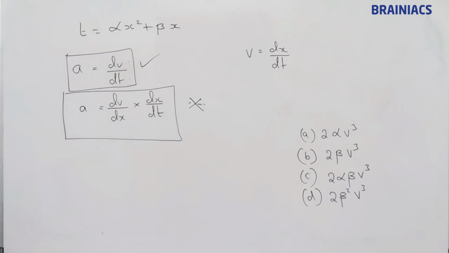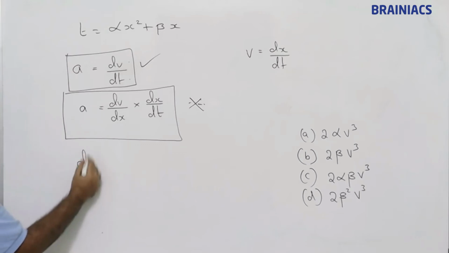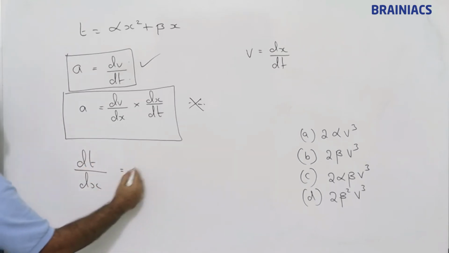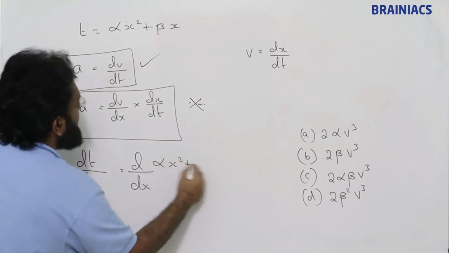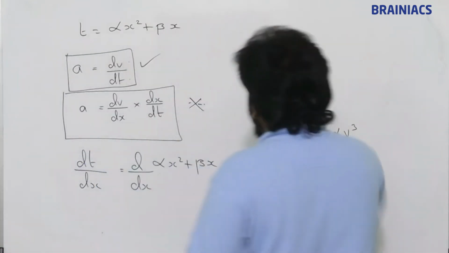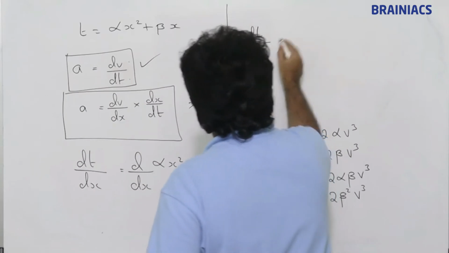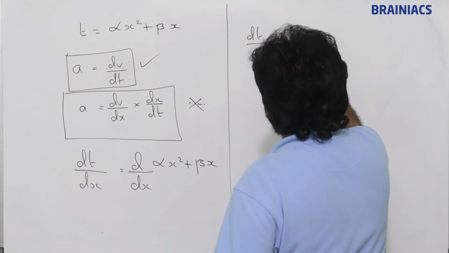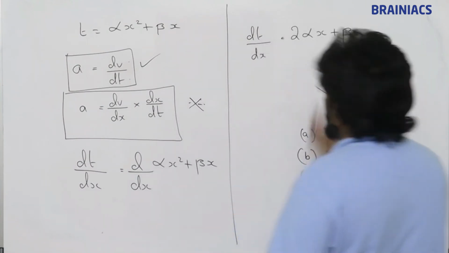Remember this. Now what we do is, we have got t. What we will do? We will differentiate dt with respect to dx. So d by dx of alpha x square plus beta x. Now when we differentiate this, dt by dx is equal to, differentiate with respect to x, we will get 2 alpha x plus beta.